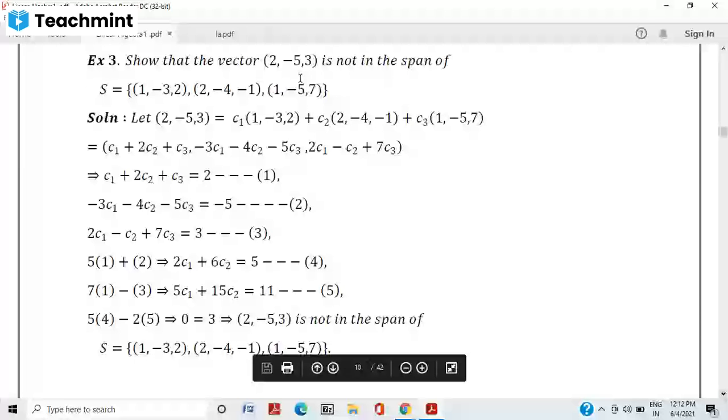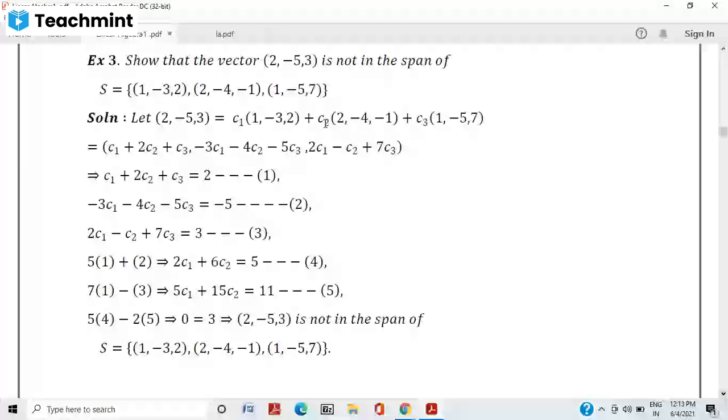First, what do we have to show? We have to show that the vector (2, minus 5, 3) is not in the span of the vectors S. Then (2, minus 5, 3) is C1 times the first vector plus C2 times the second vector plus C3 times the third vector. Then we should simplify that.